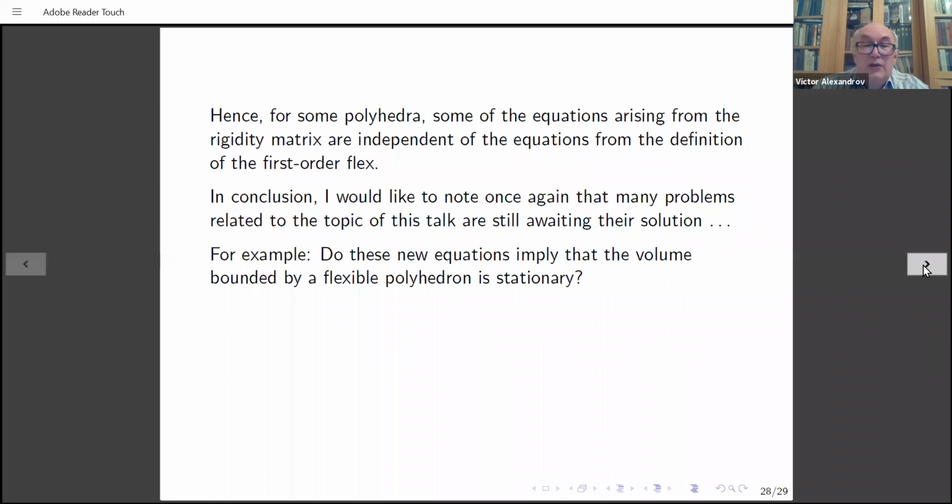But maybe these new equations will make it possible to prove that for the first order flexes, the volume is stationary.